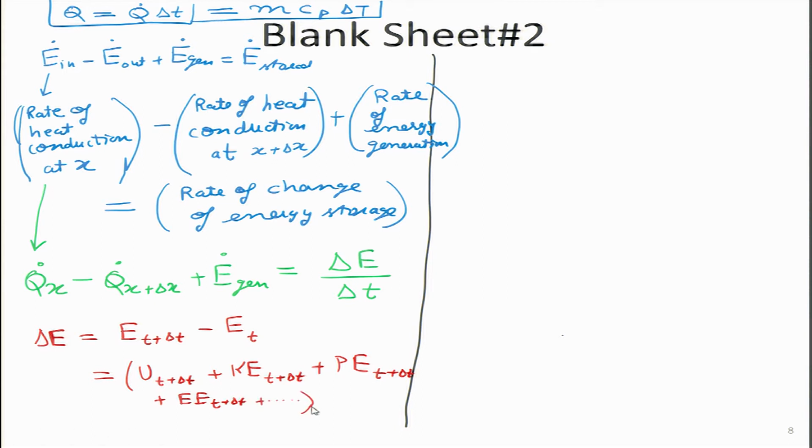So, this will be my first bracket. Then the same thing I will have again on the next bracket. The only difference is that it will be at time t. So, I will write U at t plus kinetic energy at t plus potential energy at t plus all sorts of other terms.